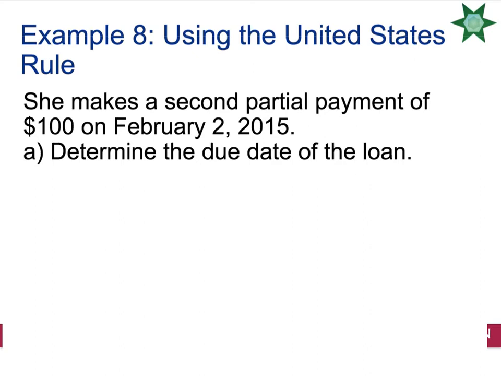Keep in mind that she got this loan on November 1st, 2014, and that it was a 120-day loan. So what we're going to do is go to our table and look up what November 1 is labeled as.